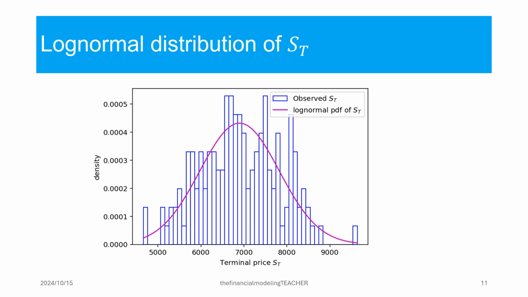This distribution is positive, starting above 0, and that positive skew definitely makes it look very much log normal as against normal. The blue is the actual observed ST, whereas the magenta line is the PDF, which is a calculation of a probability density function according to a program.